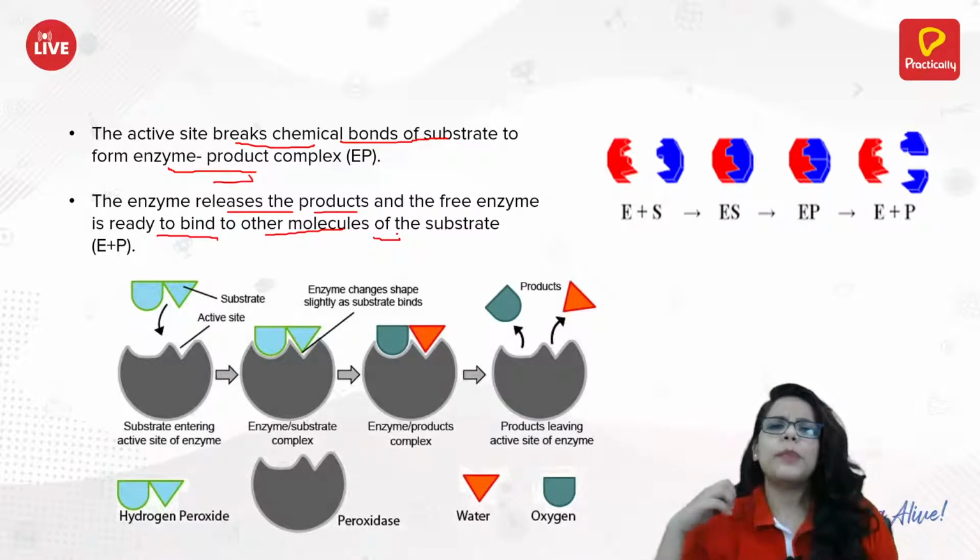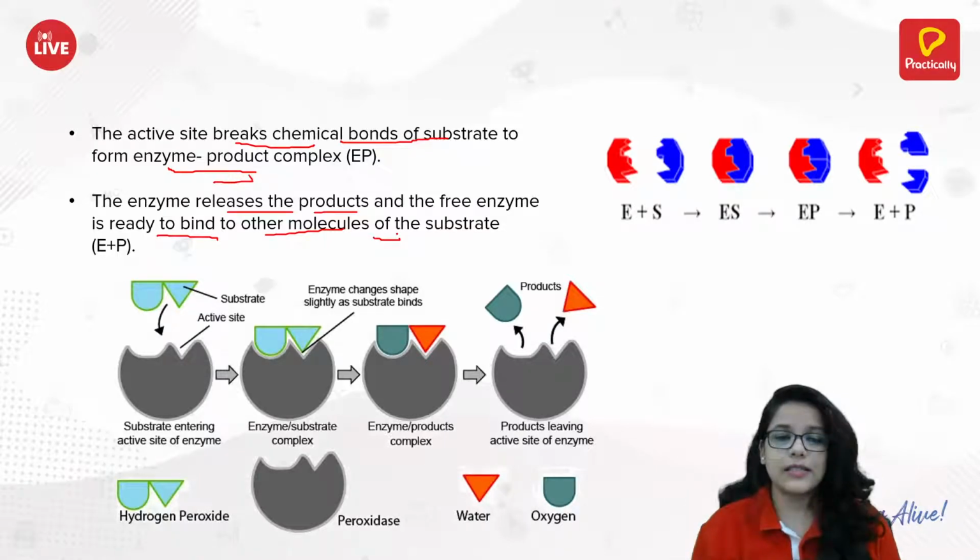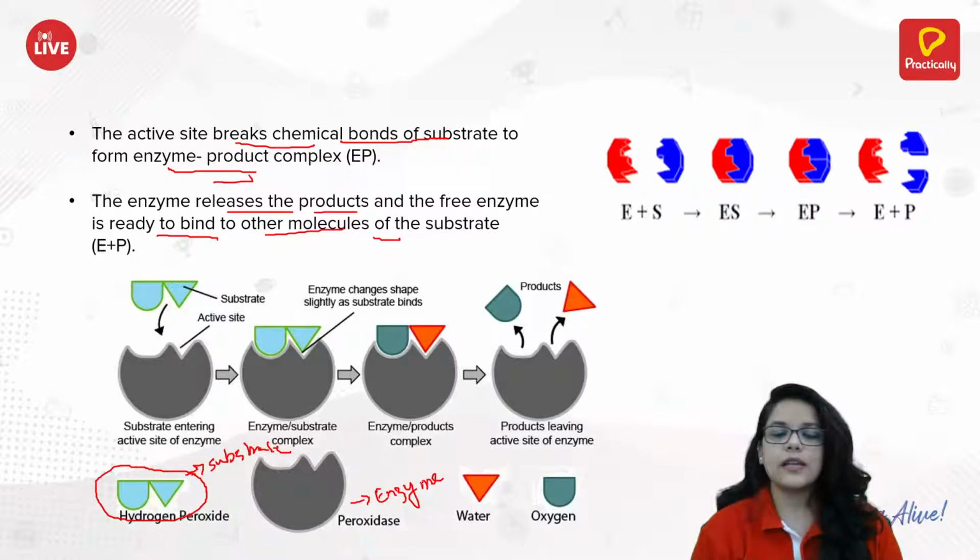One of the best examples here is hydrogen peroxide and the peroxidase enzyme. Hydrogen peroxide here is the substrate, and peroxidase here is the enzyme. Peroxidase has been waiting for H2O2, or hydrogen peroxide. So suddenly H2O2 comes, and see the unique structure it has.